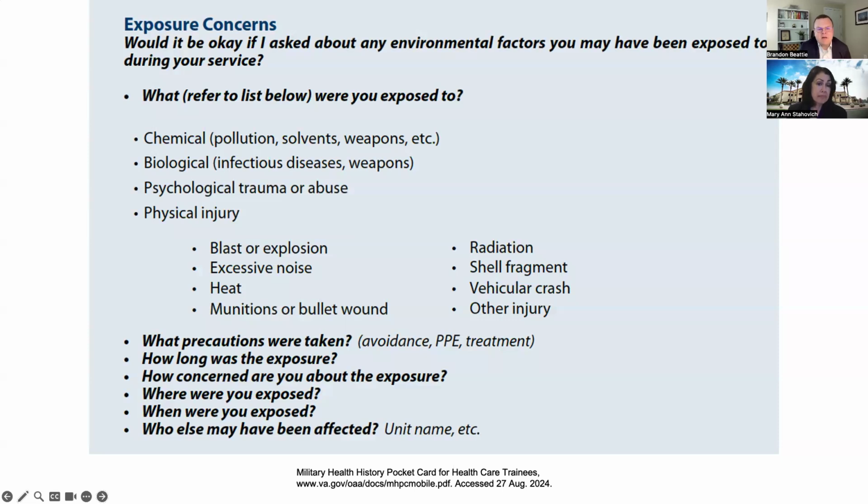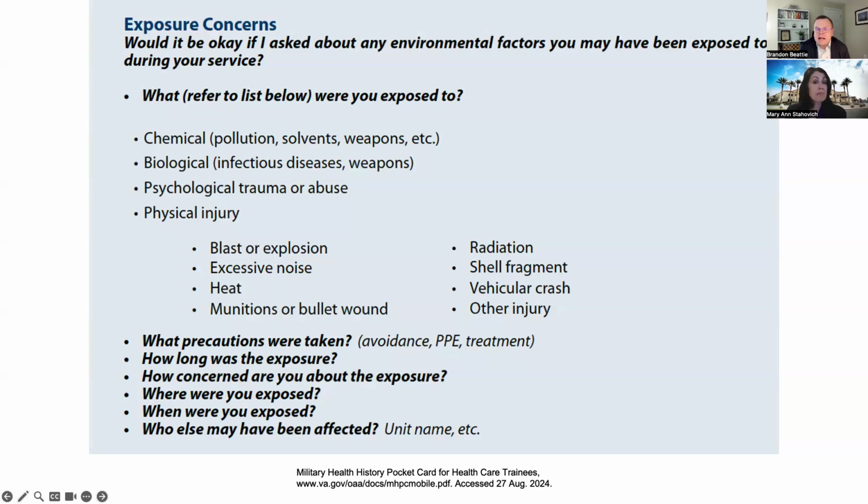Additionally, this is a military health pocket card for healthcare trainees, and this is related specifically to exposure concerns, targeting that PACT Act that I talked about. So when you ask, would it be okay if I asked you about your environmental factors? Things that we're thinking about here are chemical, which could be pollution, solvents, or weapons.